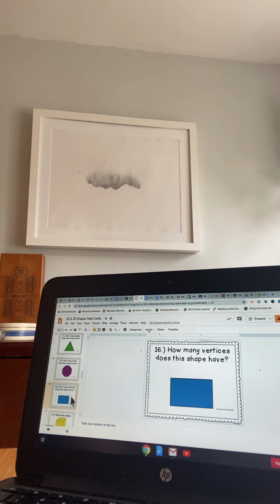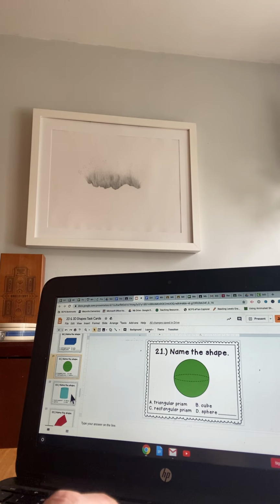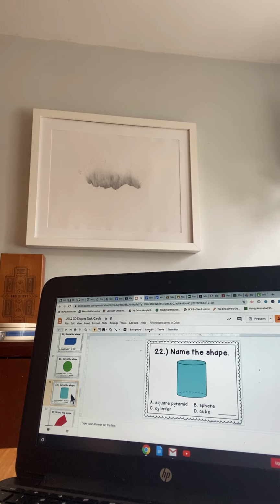Because there are rectangles all around, it makes something called a rectangular prism, which is A. 21 should have been a sphere, D. Okay, 22 should have been a cylinder, C.